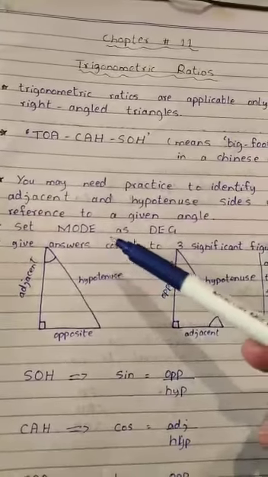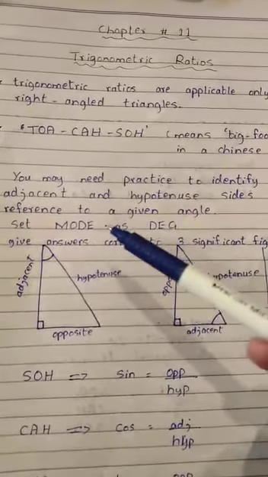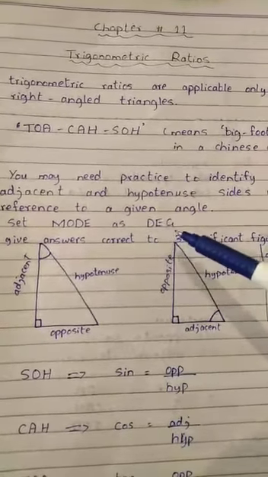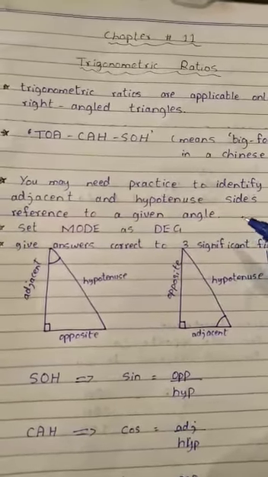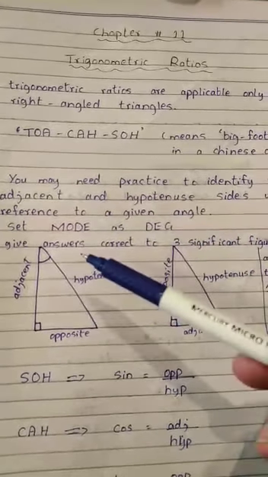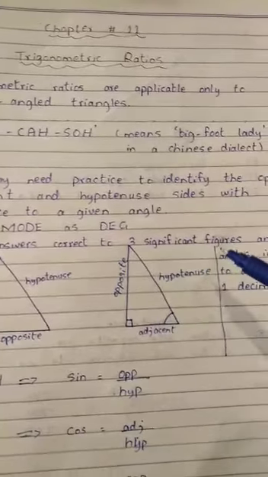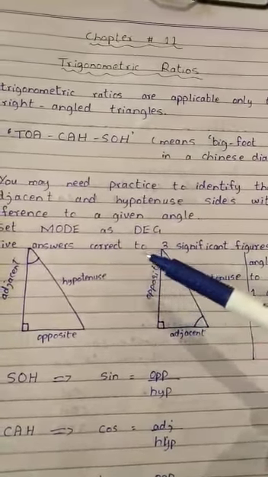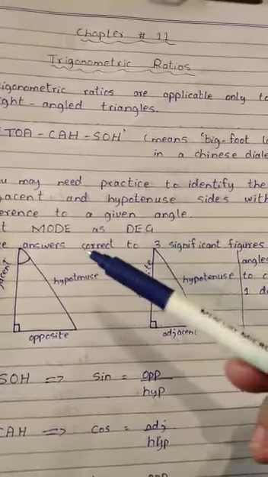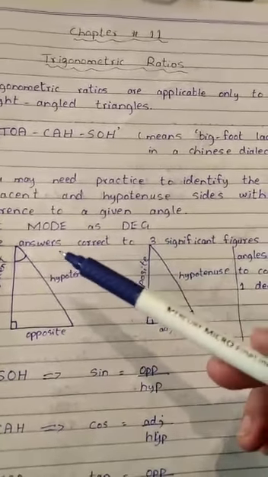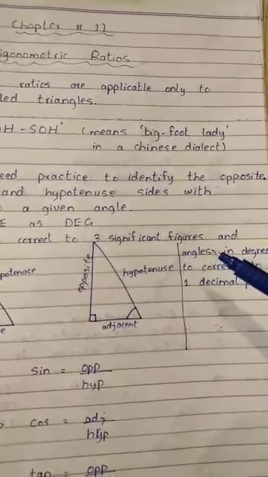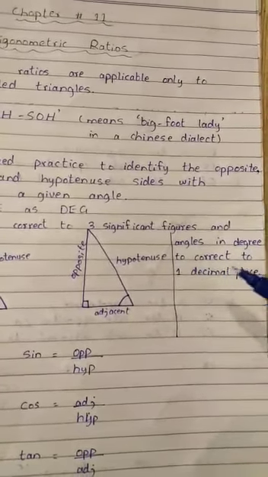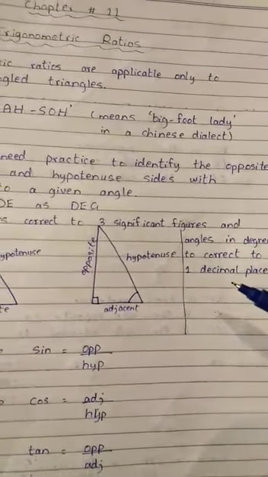And fourth point, you need to convert the mode to DEG on your calculators. And the last point, give answers correct to 3 significant figures. Why am I telling this? Because according to examination criteria, you are supposed to give your answers correct to 3 significant figures and angles in degrees correct to 1 decimal place.